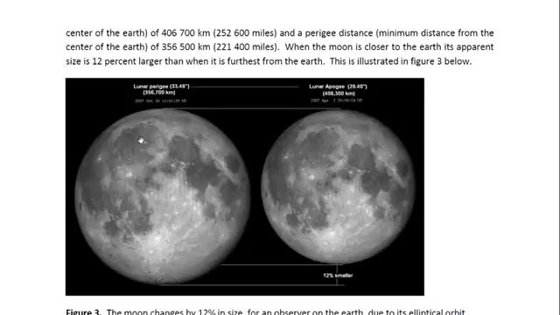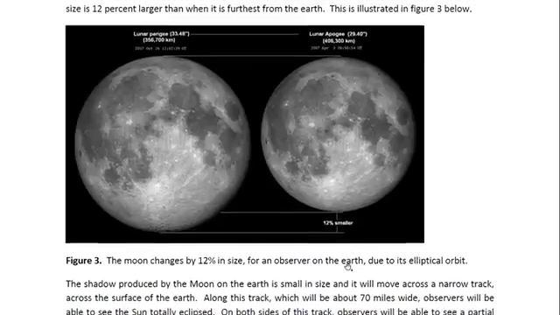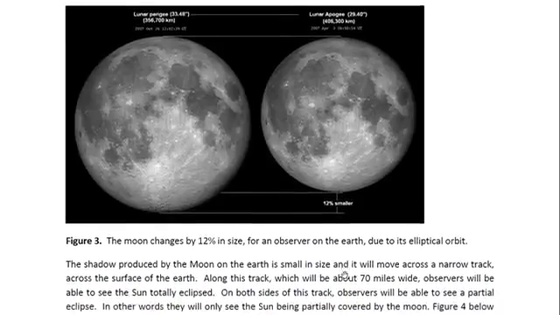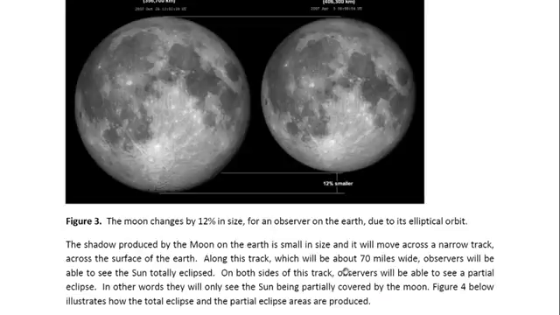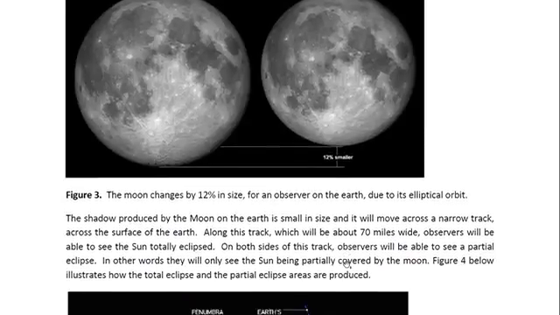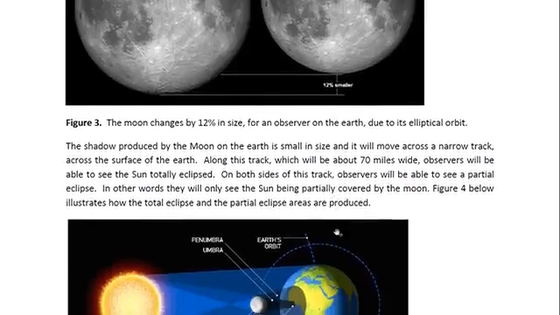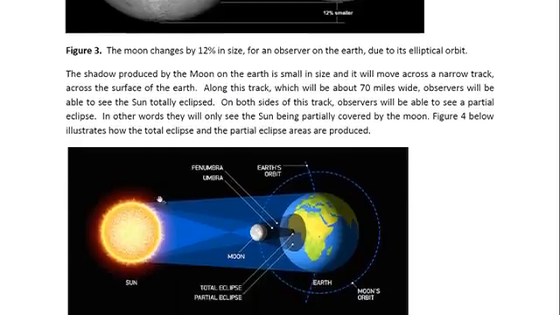This is what the moon looks like when it's at its closest distance to the Earth, the perigee position, and this is what it looks like from its apogee position. So there's a variation of 12%. Now, in order for an eclipse to occur, the moon produces a shadow on the Earth.